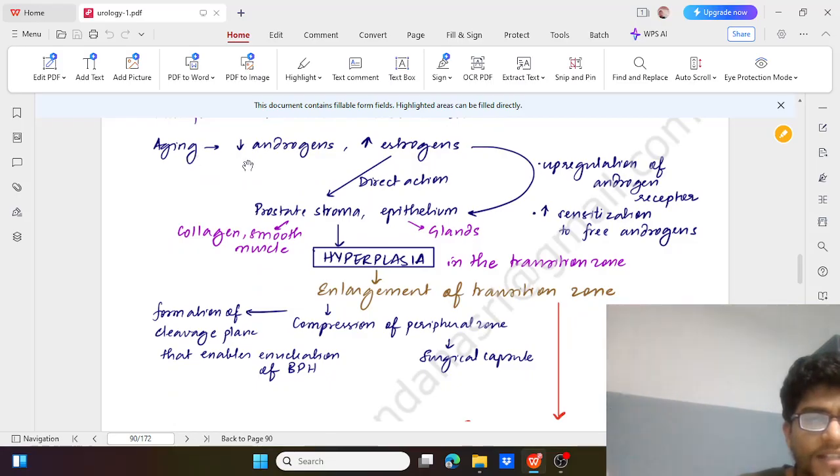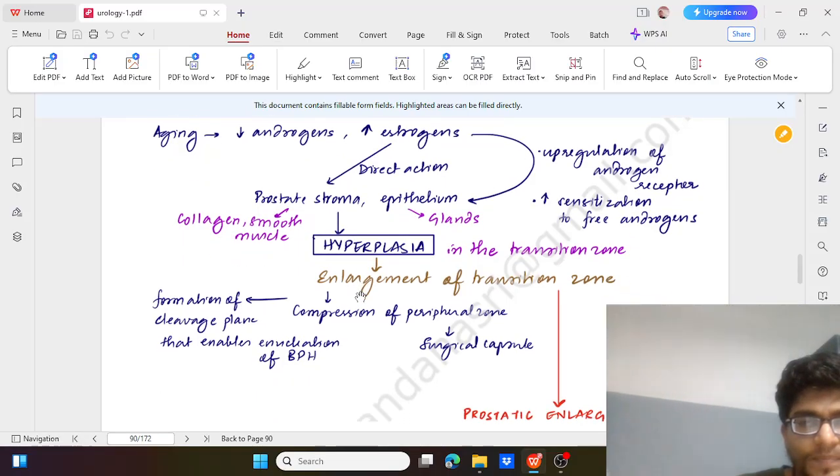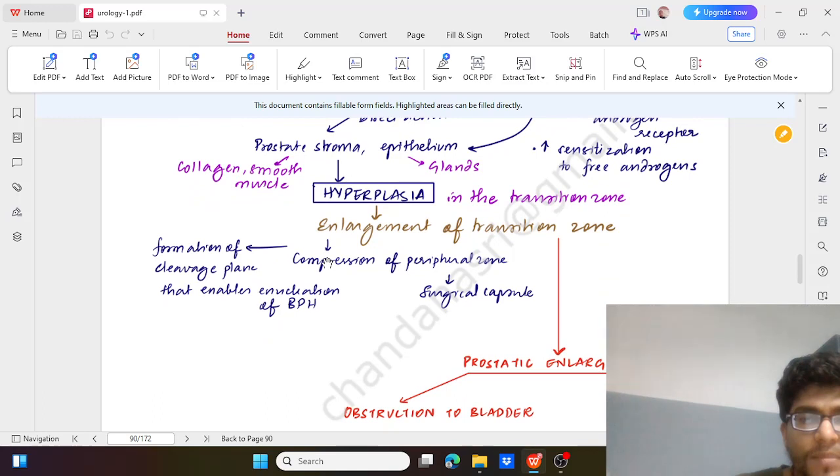As aging occurs, there is a decrease in androgens and an increase in estrogens. That will have a direct effect on the prostate and the epithelium, causing hyperplasia and enlargement of the transition zone. This will cause compression of the peripheral zone, which forms the surgical capsule and helps in enucleation of the BPH.